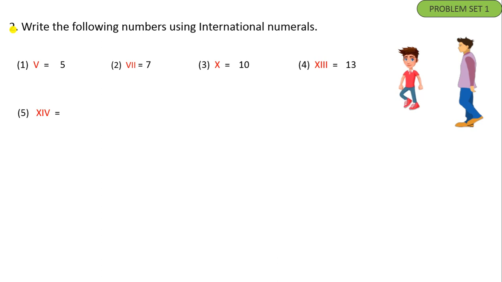And we know IV means I before V. Therefore, we must subtract I from V. That is, we must subtract 1 from 5, and this number is 4. Therefore, the given number is 10 plus 4, that is 14. Good, Rahul. Likewise, we can write the next Roman numerals in international numbers. Yes, teacher. Definitely, we can write these numbers.